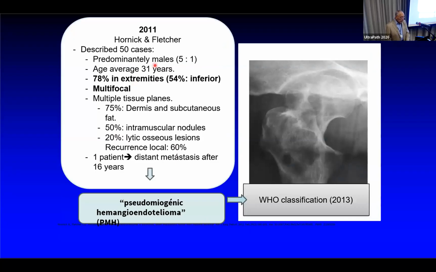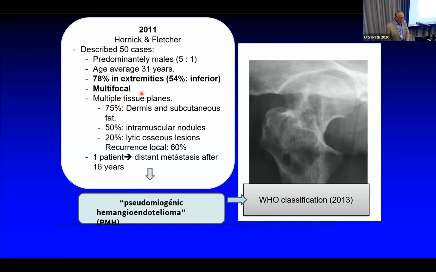In 2011, these people from the East Coast, Dr. Hornick and Fletcher, described 50 cases, predominantly young males, 78 percent in the extremities, predominantly inferior, multifocal, and affecting several planes of the same extremity.